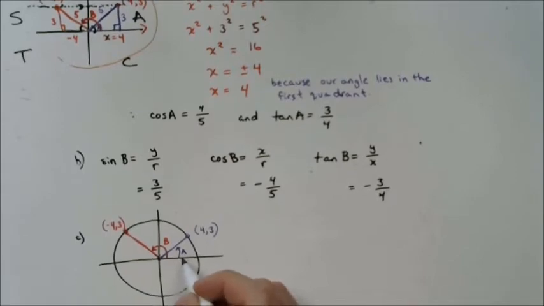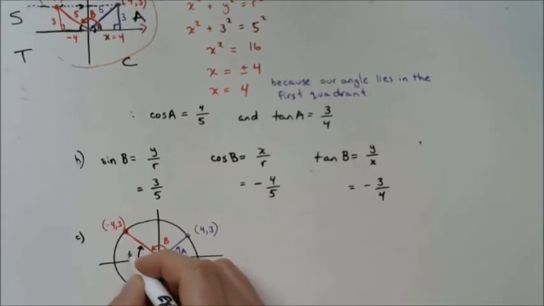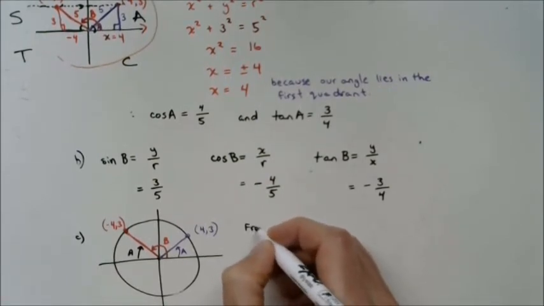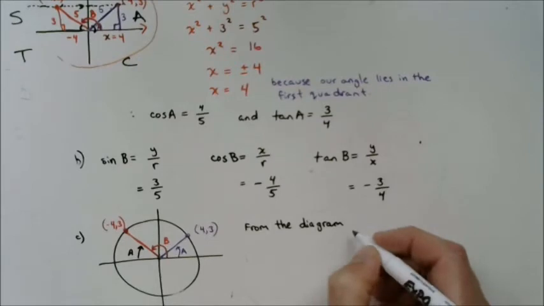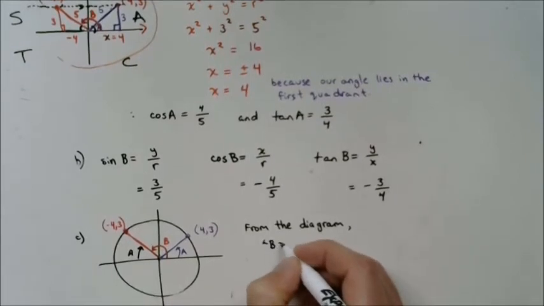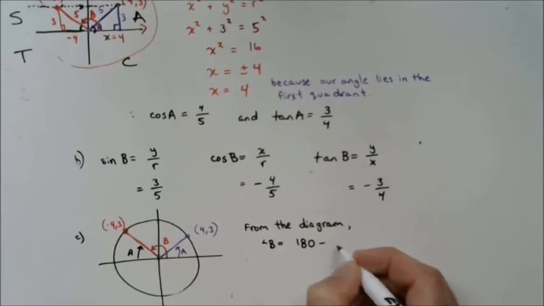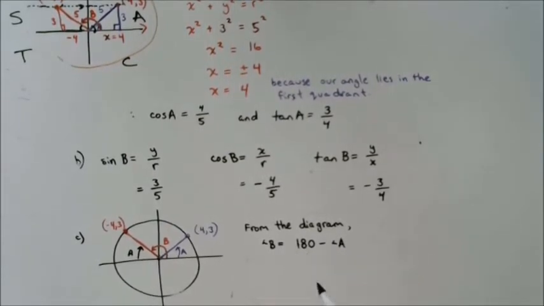Hopefully you can see here that as far as A is, angle B ends up being 180 minus angle A. So, let's say from the diagram, angle B equals 180 minus angle A. And that's true because you can see angle A is 4 units out, 3 units up.